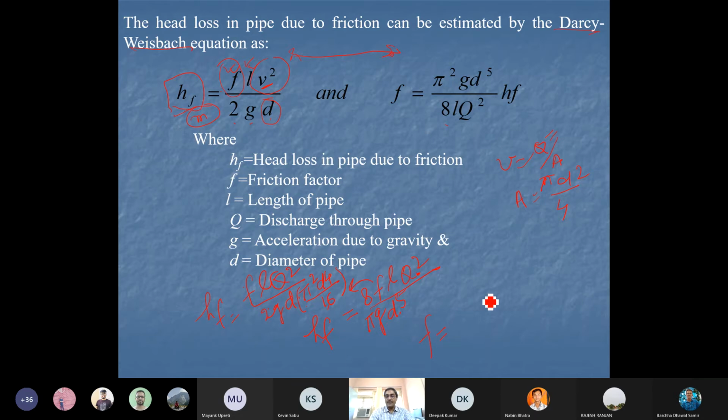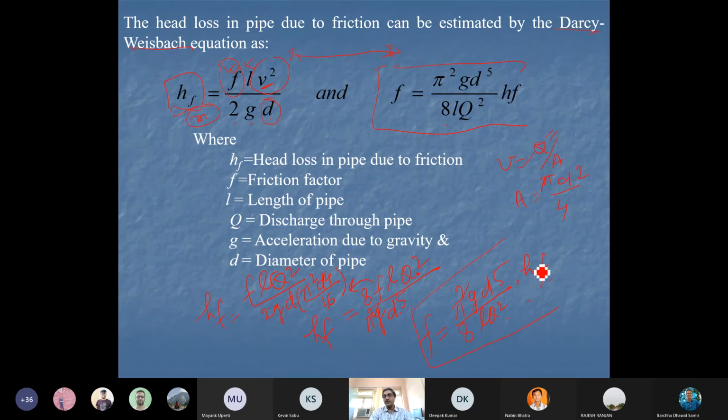F is equal to pi square g d to the power 5 divided by 8 L Q square, multiplied by HF. Sorry, it is pi square here as well.